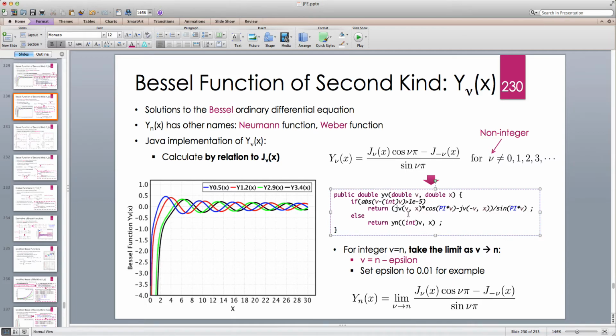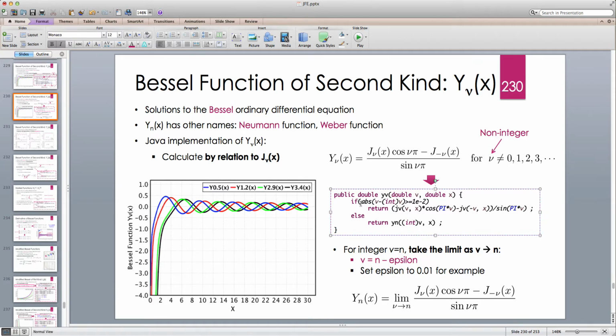If that's the case, then I assume that it's not an integer anymore, so I return J nu of nu and x cosine of pi nu minus J nu of minus nu and x, divided by sine of pi nu. All right. Now you notice that in order to calculate Y nu, we're basically calculating J nu twice, right? Two Bessel evaluations. And as long as we have a very fast implementation of J nu, then we are good. We don't need to worry about the numerical computation or the cost of evaluating Y nu, right?